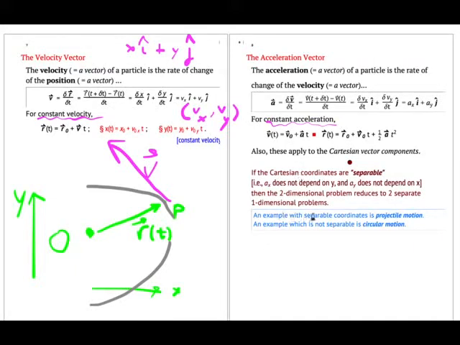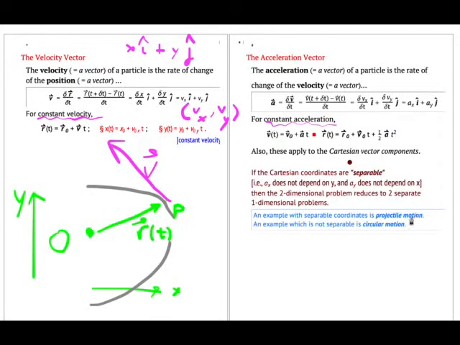An example with separable coordinates is projectile motion. At least if you're ignoring friction. A projectile moving through the atmosphere has friction with the air, a kind of aerodynamic force called air resistance.